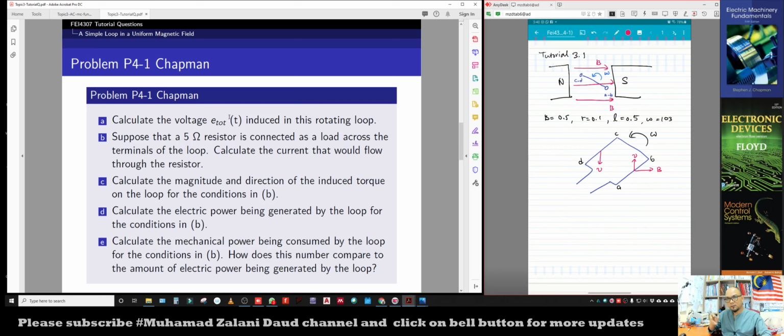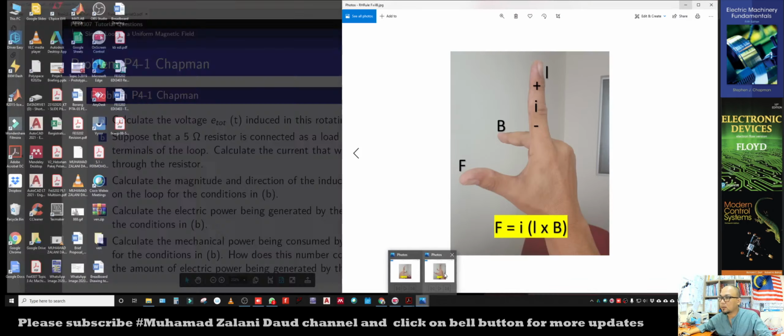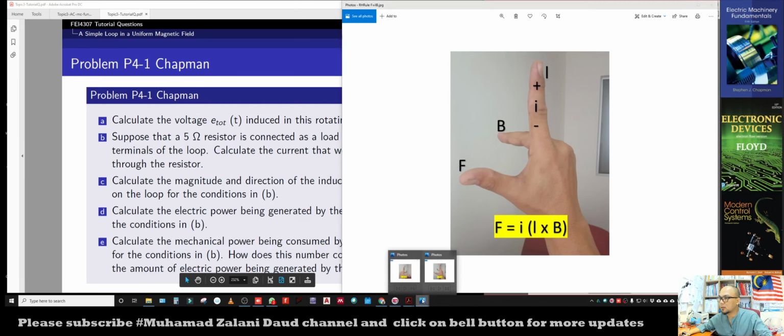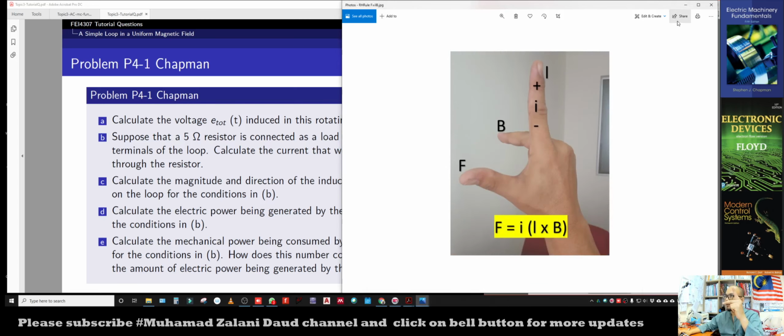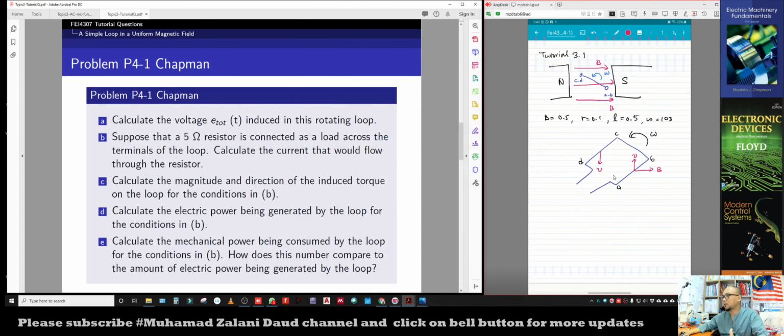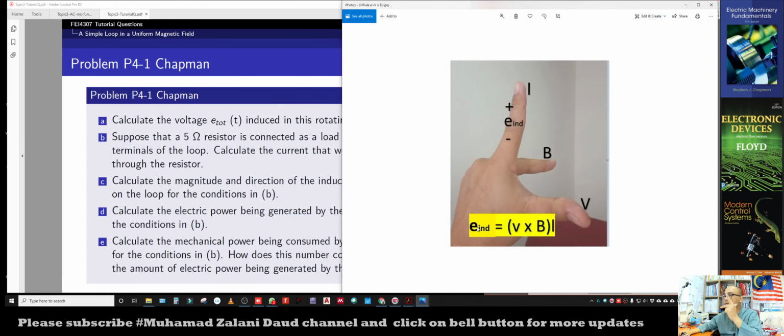We use the left hand rule to determine the induced voltage using this figure. What should the induced voltage direction be?